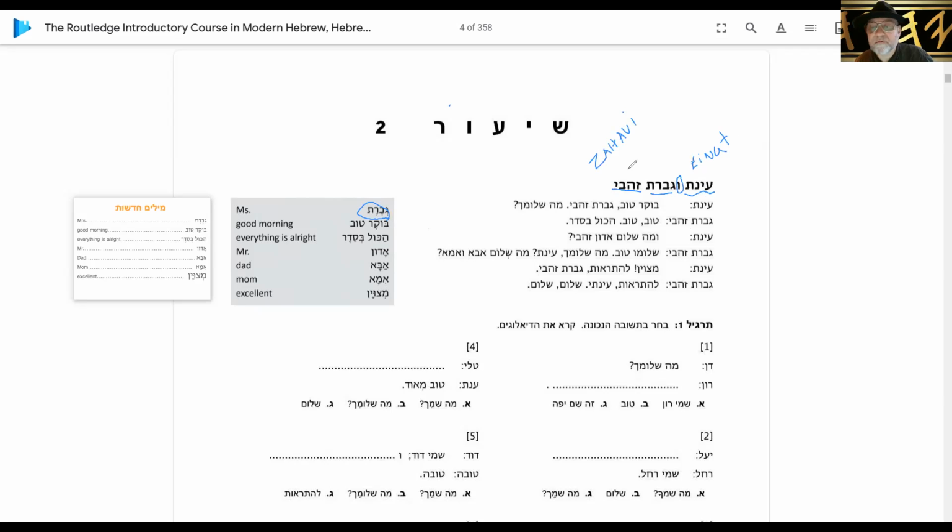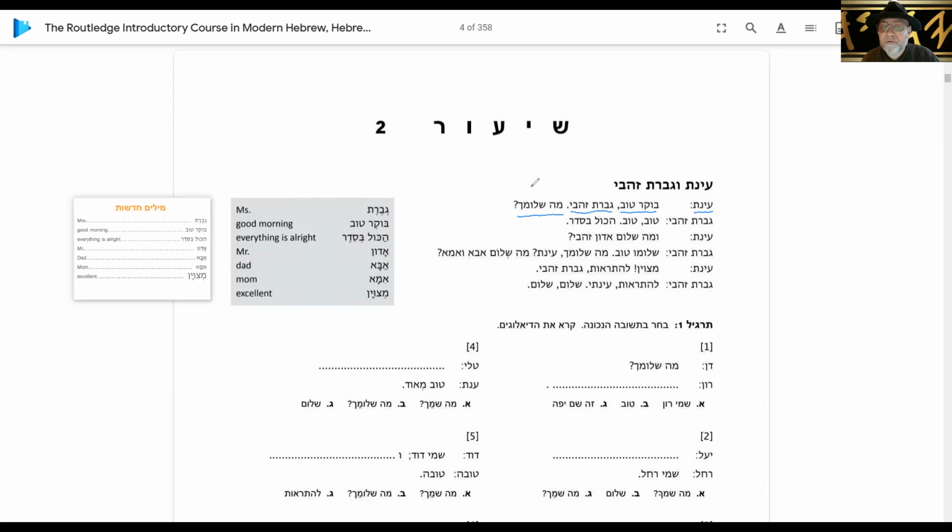So Einat and Mrs. Zahavi, basically it's a conversation between the two. Einat is saying, Boker tov, good morning, Geveret Zahavi, Mrs. Zahavi. So this might be a school situation.